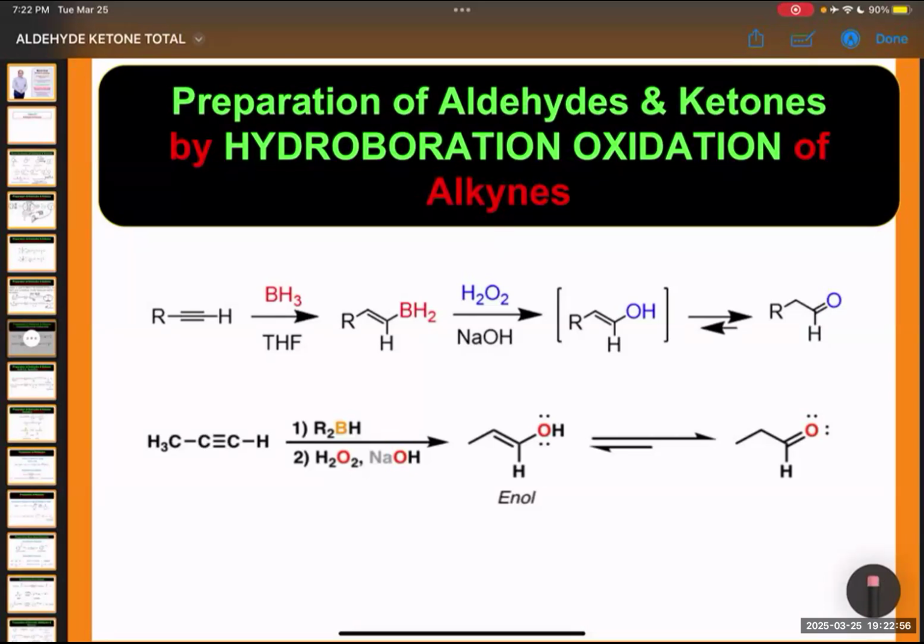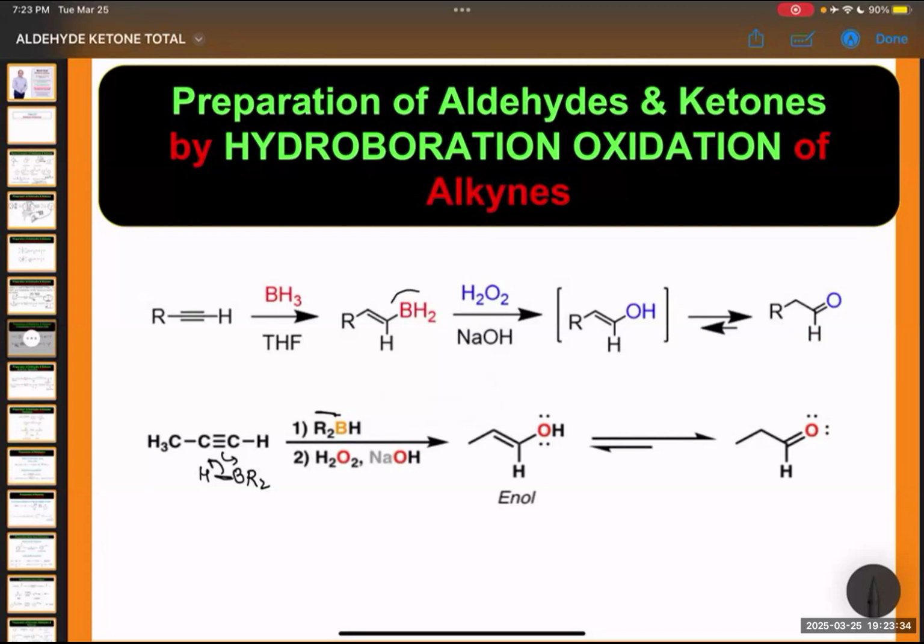So here also boron is a bigger atom. Look, this H and this B. The boron is going to join itself to the outer carbon because boron is a bigger atom and it has alkyl groups.